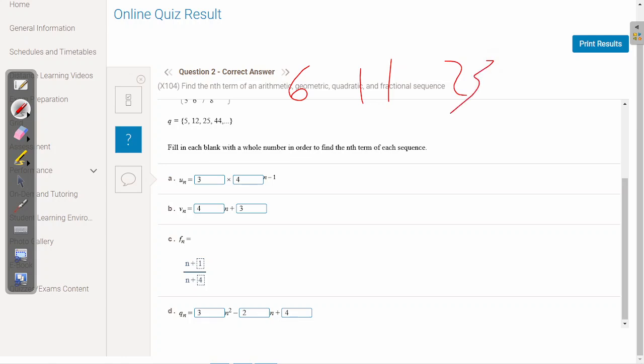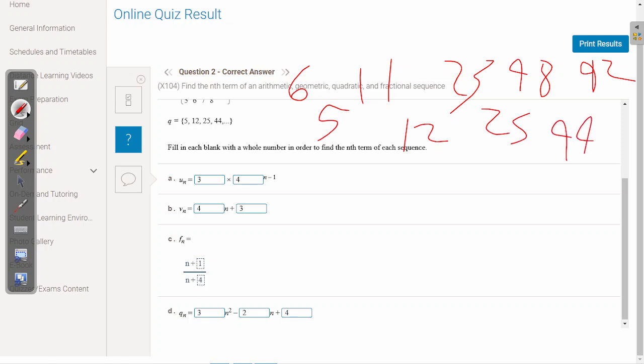Okay, imagine you have a sequence like this. You get the differences. It will be 5, 12, 25, 44, then 7, 13, 19, then 6 and 6. So you found that they're equal in the third difference.